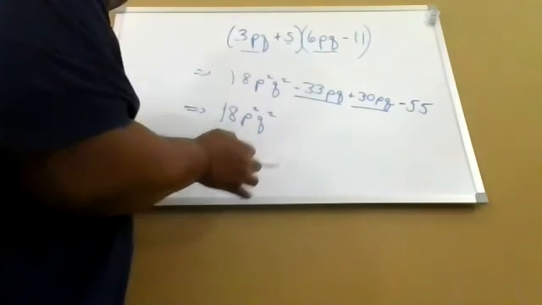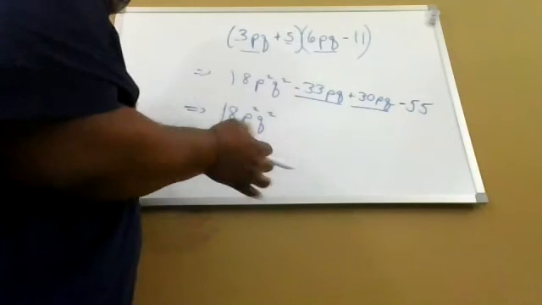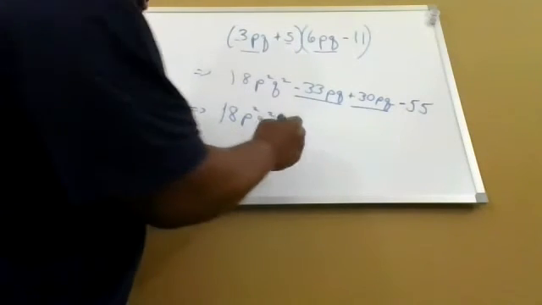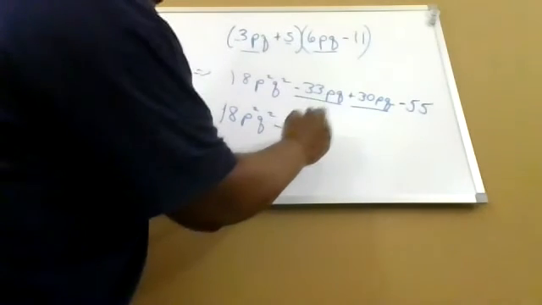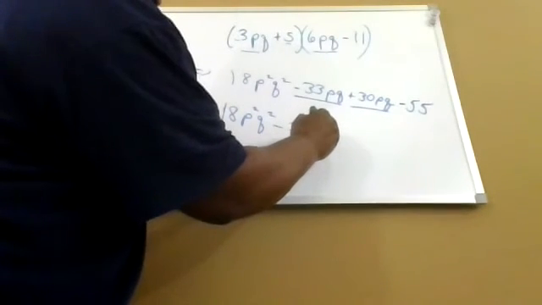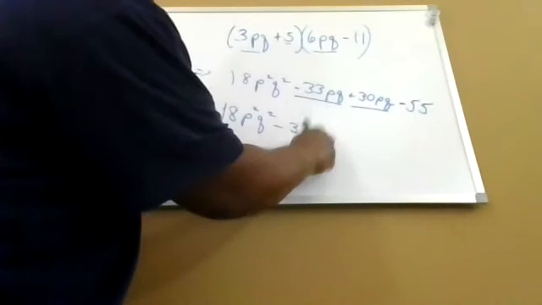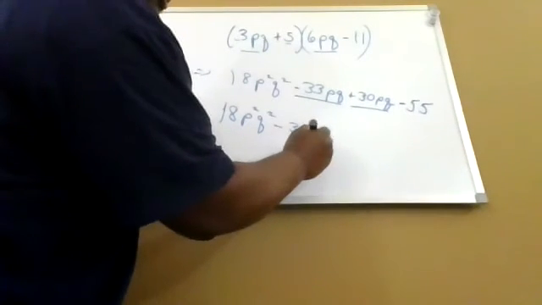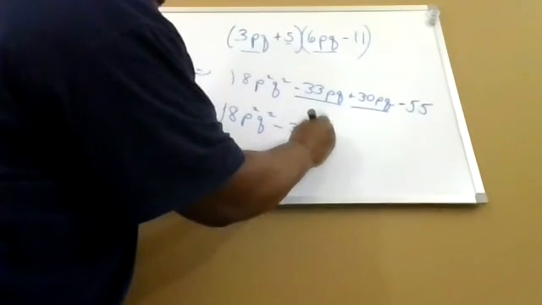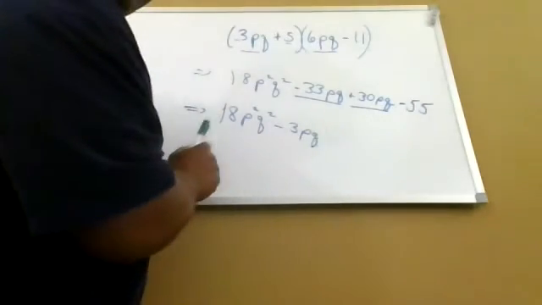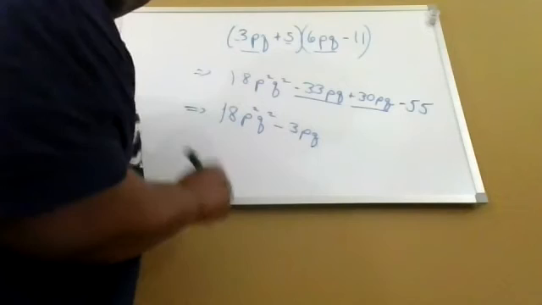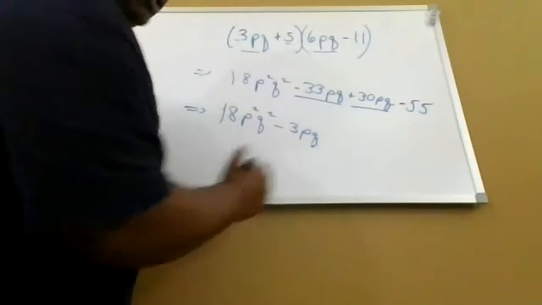Well, negative 33 plus 30 gives me a negative 3. And then I bring down PQ. And now there's nothing to combine with the negative 55, so I just bring that down.